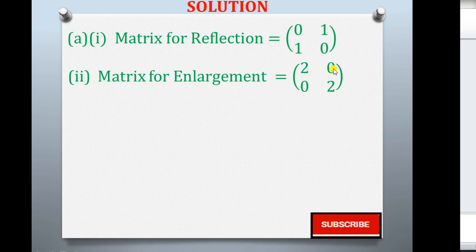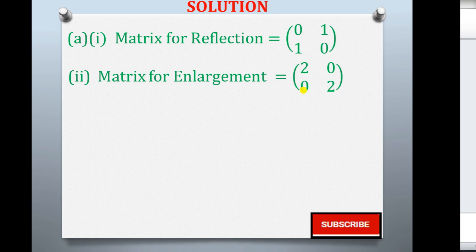Then when it comes to enlargement, they told us that the center is 0, 0. Remember, in your notes with your teachers, they should have told you that for any enlargement with the center being the origin, the enlargement scale factor will take up the major diagonal of your matrix, and the minor diagonal will be taken up by the coordinates of the center.